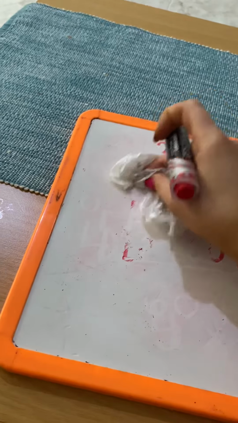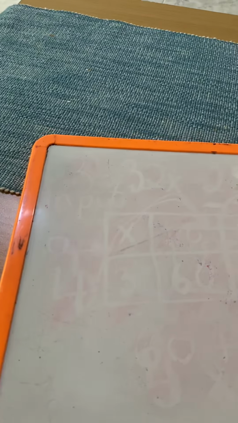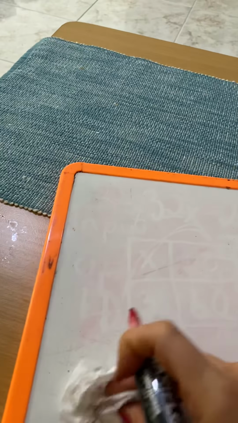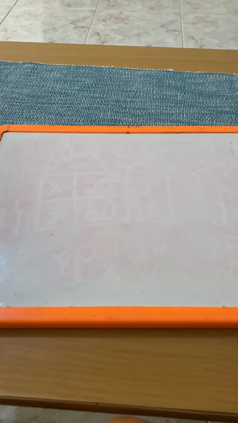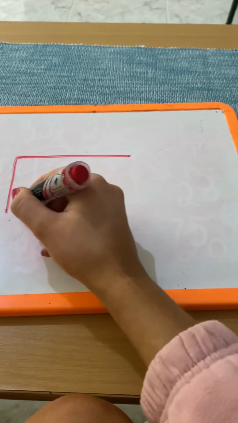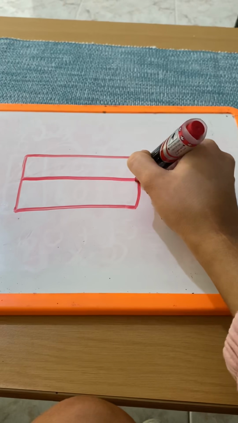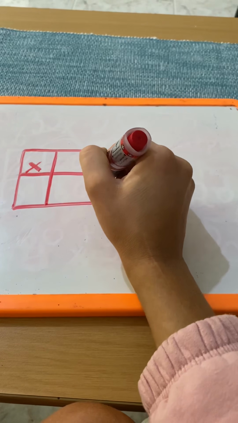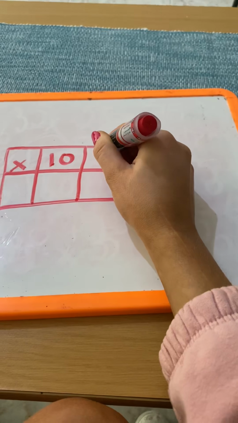We had done some work with multiplication grids earlier on in the year, so we're really just practicing them now. But what we might look at now is something a little bit more challenging and tricky. So imagine we had a grid like this. And we had our multiplication sign here. And we have the number 10 here, and the number 5 here.